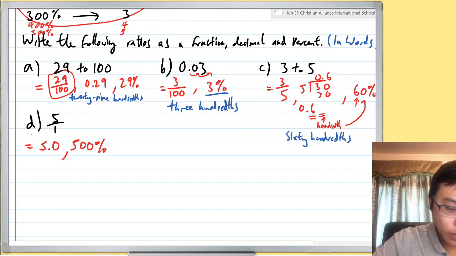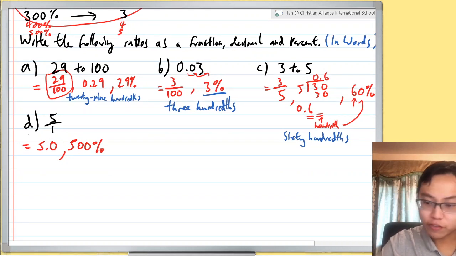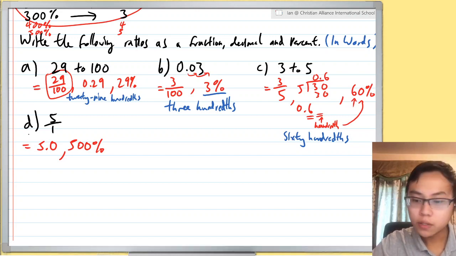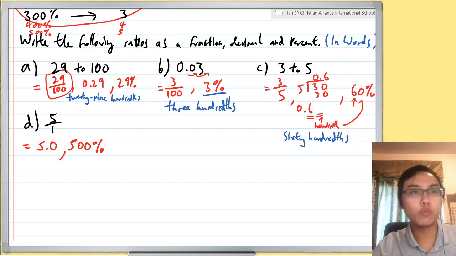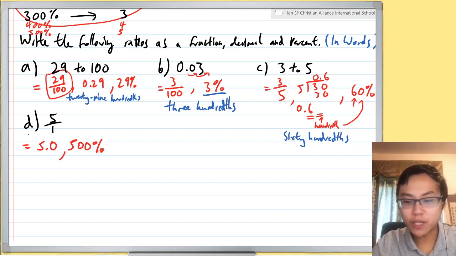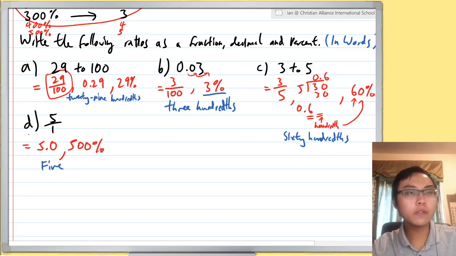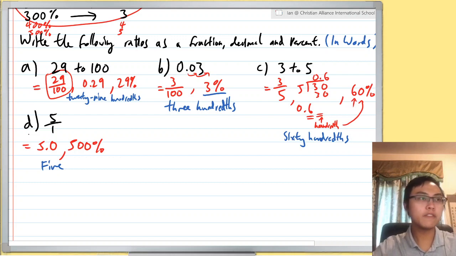And then the last one, 500%, in terms of words, what is 100 hundredths? That is the same as 1. And so with 500%, that is just the same as 5. We just write that as 5 in terms of words. So any whole numbers, you just write it as a whole number. But then if it goes into the percent, then you write hundredths.